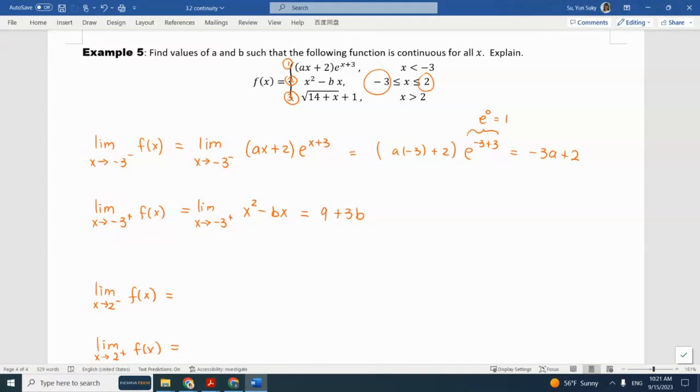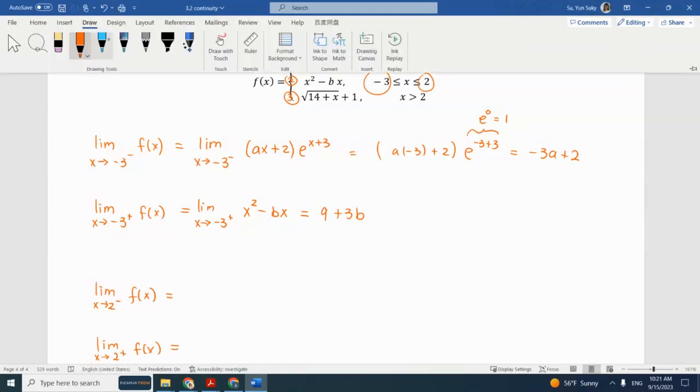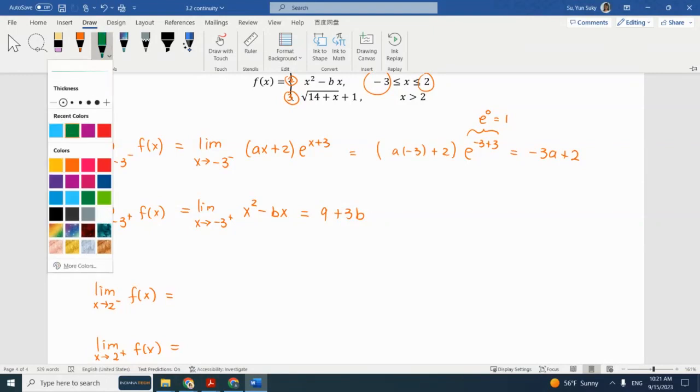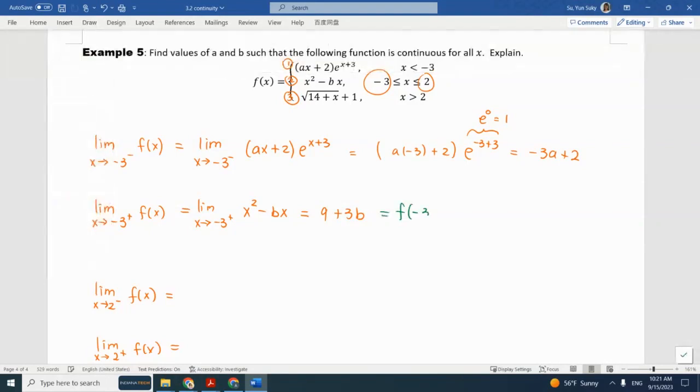Where is the equal sign? The second one, right? So write down this guy also equals f of -3. And then now you can set them equal.